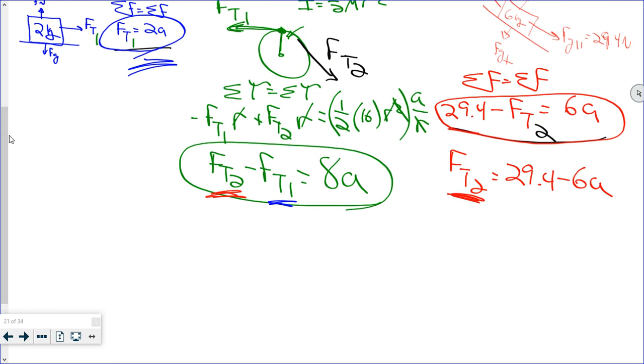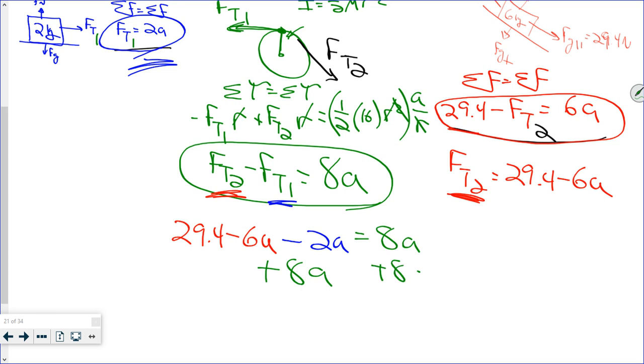All right, so force of tension 2 is 29.4 minus 6A, minus force of tension 1, which is 2A, equals 8A. So this is minus 8A. If I add 8A to both sides, then I get 29.4 equals 16A.